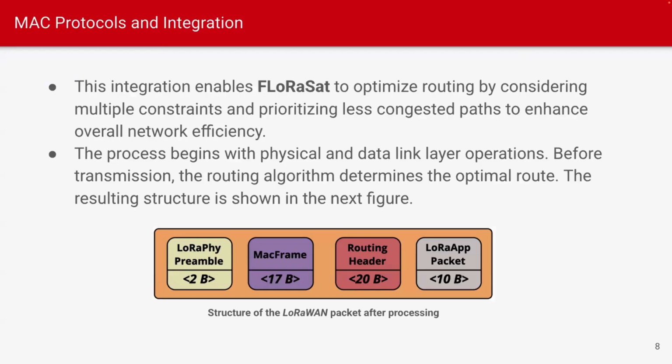Additionally, we have a MAC frame that has information about the MAC protocol. Then we have the routing header, which has information about the route that we chose at the beginning of the transmission. And finally, we have a section that has information about the application process. After that, we also implemented the KeyMAC protocol that Benoit will explain later.